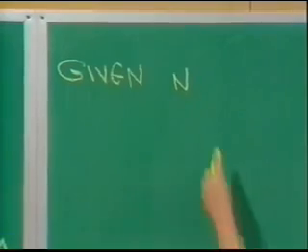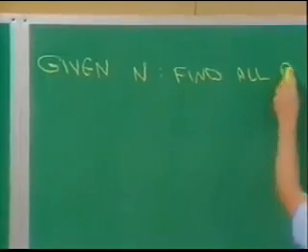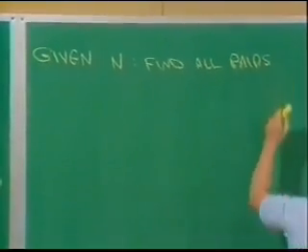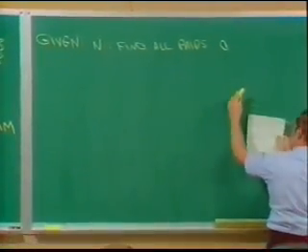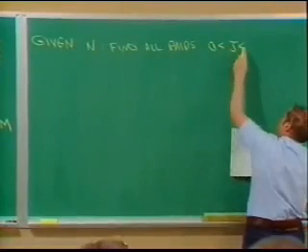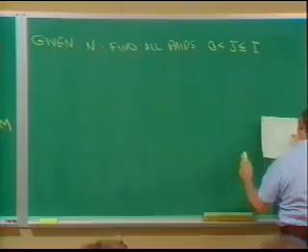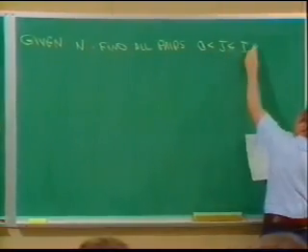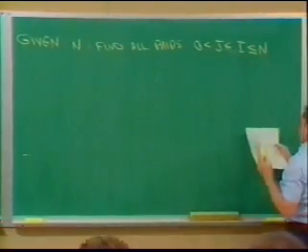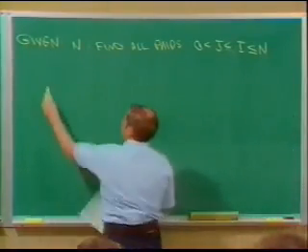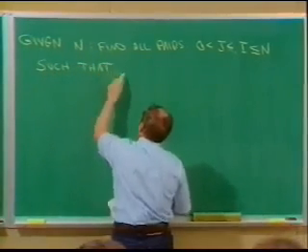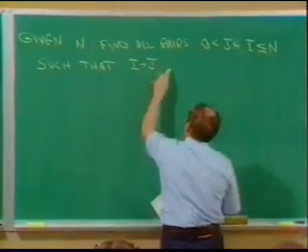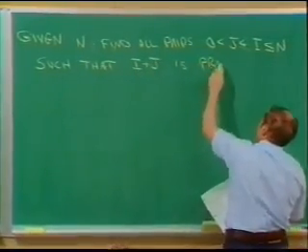And the problem is going to be find all pairs of integers i and j between 0 and n, with j less than i, such that i plus j is prime.